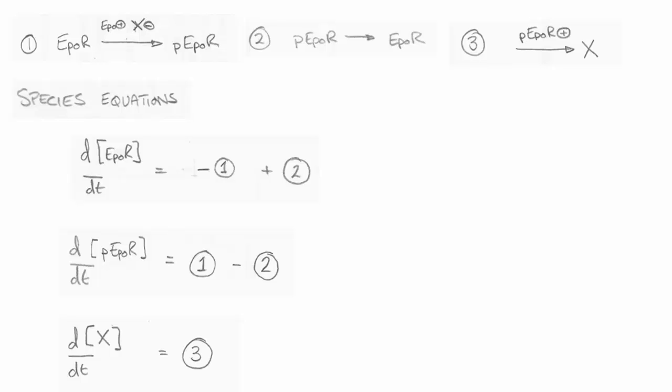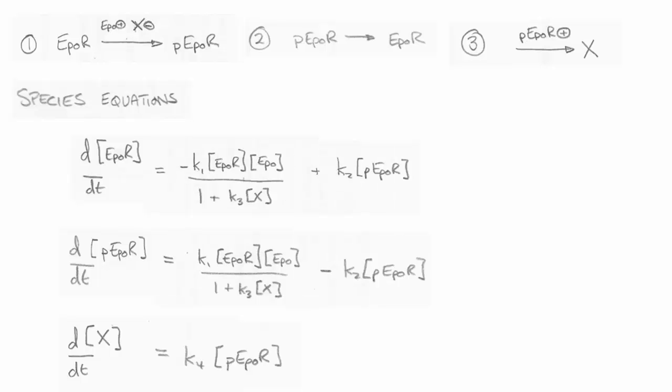So in terms of those three processes, we can write the change in the species as -1 plus process 2, process 2 minus process 1. Okay, so there are the species equations written in terms of those processes, and we can just substitute in the rate equations we found for those processes.